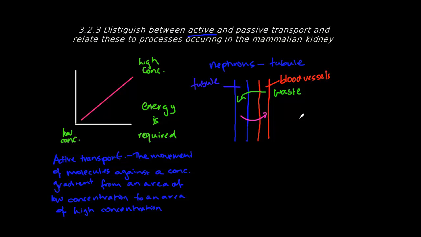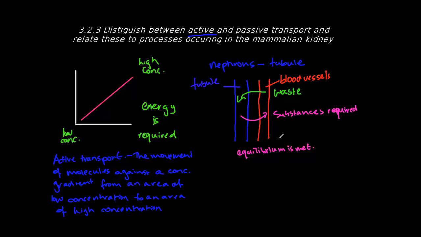They're substances required by the body. Now this process will only ever occur until equilibrium is met across these two. Once that happens, there is no net movement in one direction or another.